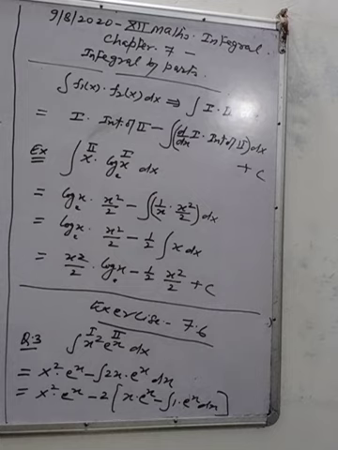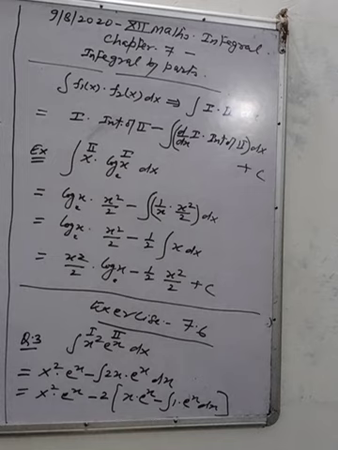So in this, where one of the functions is x to the power n, x to the power n is taken as first. Why? Because when you differentiate, its power will reduce.